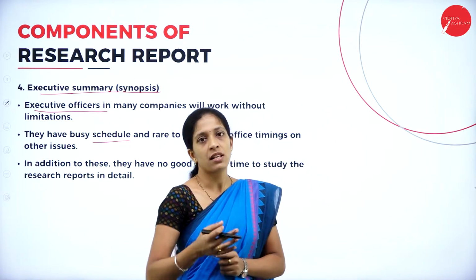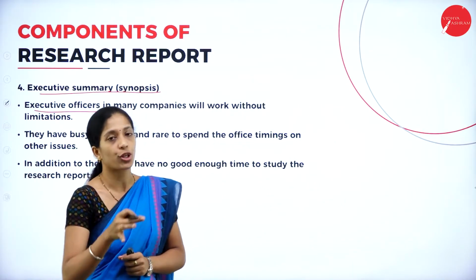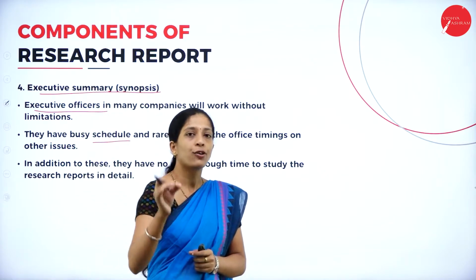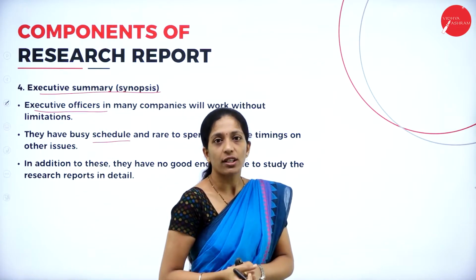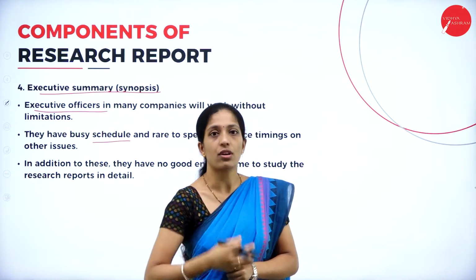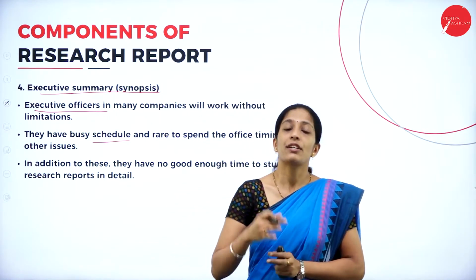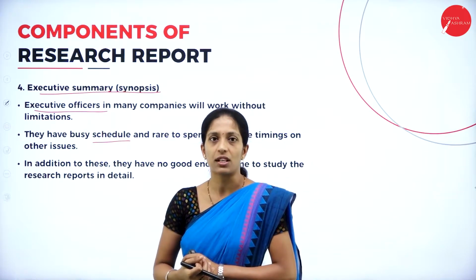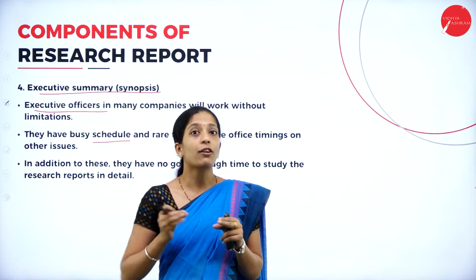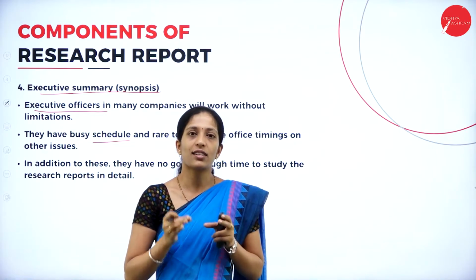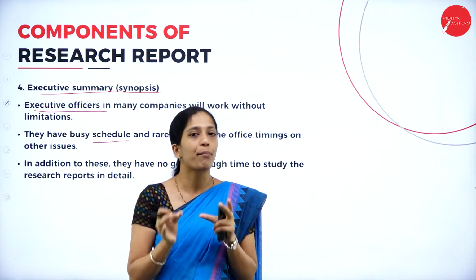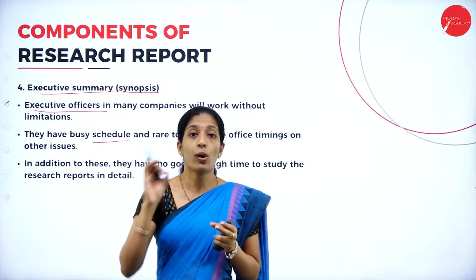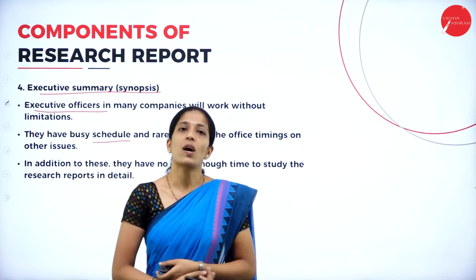Suppose a research report has been prepared on a particular topic, and they want to solve a particular problem, but due to lack of time, they can't go through each and every content of the research report. So, in order to make it easy for them, the researcher himself will prepare a summary form of his whole research work, which is called what?